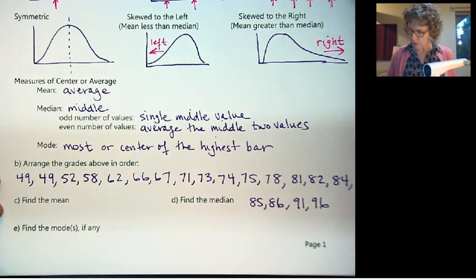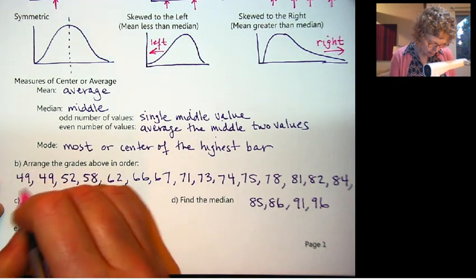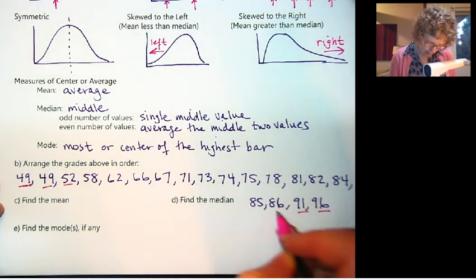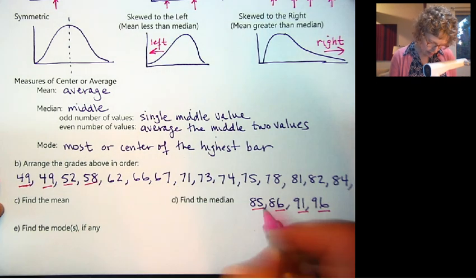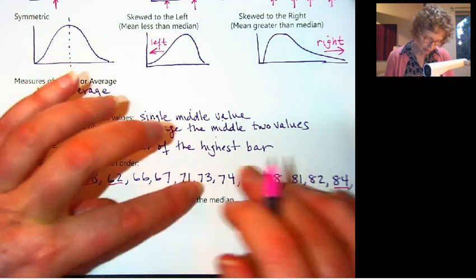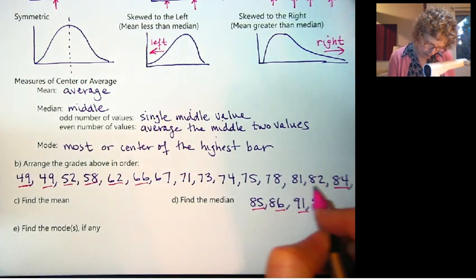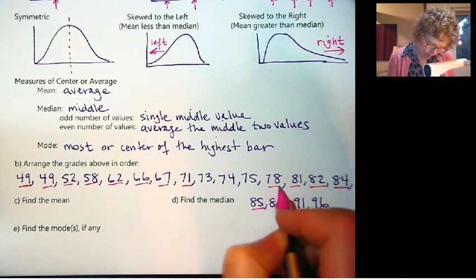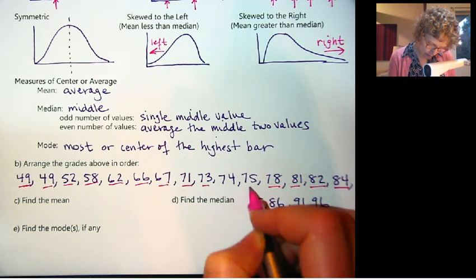Okay, so now that we have them, let's find the median. One way to do it is to underline the first and the last, first and the last, first and the last. Or you can use your fingers, keep covering up until you get to the middle. There's also mathematical ways to calculate which is the middle position.